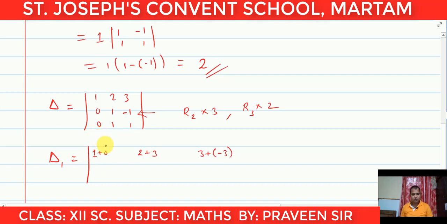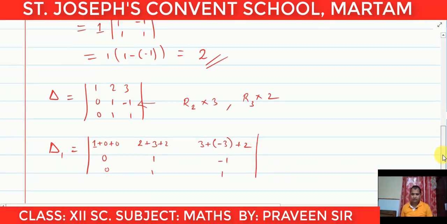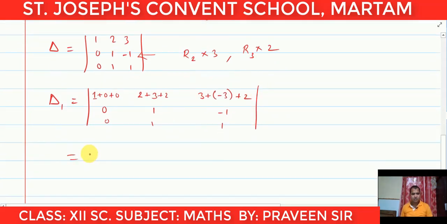So 0 into 2, 0, so that I will add over here. 1 into 2, 2, that also I'll add over here. 1 into 2, that also I'll add over here. So I'm getting this 1 here, 7 here, 2 here, 0, 1, minus 1, 0, 1, 1.